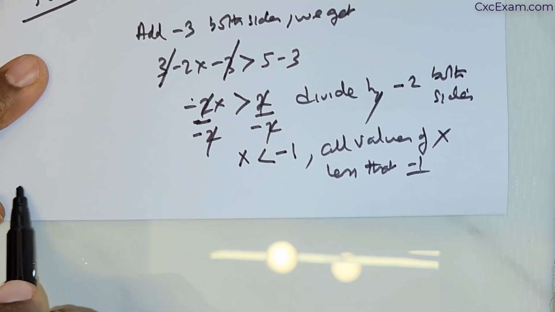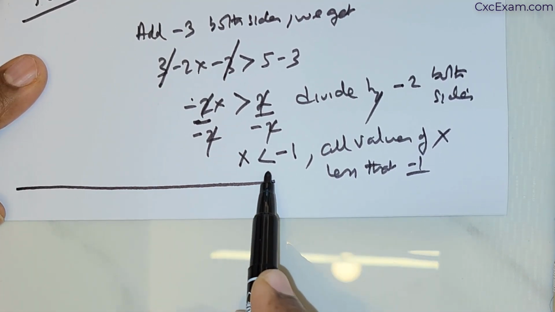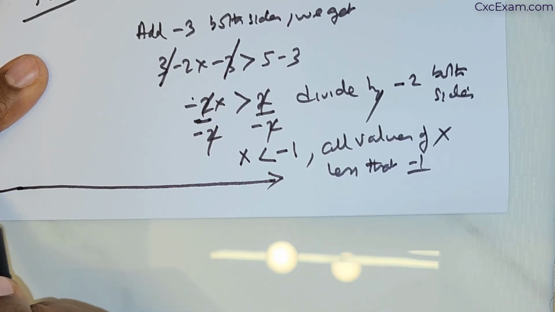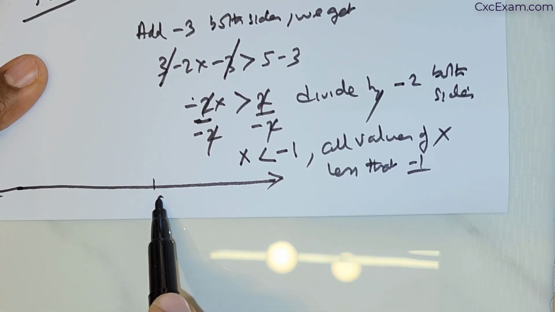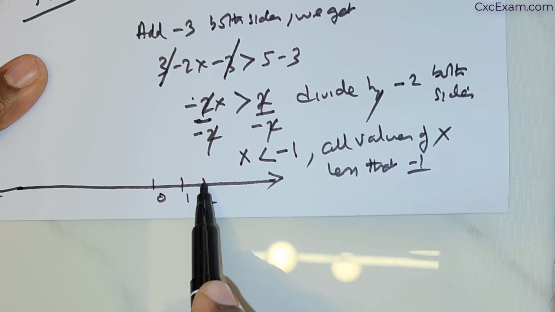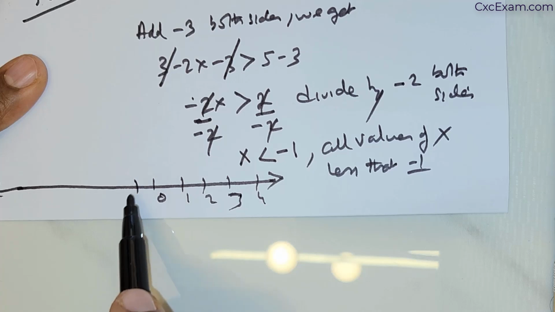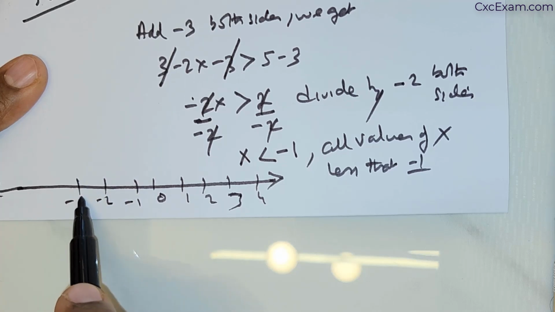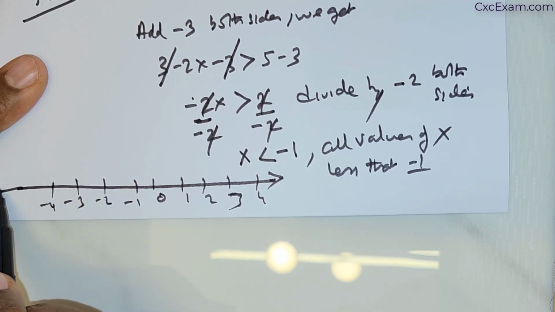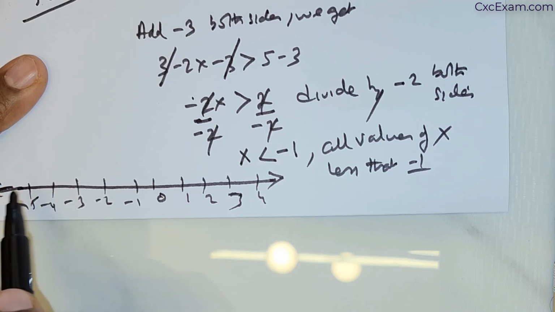Now they are asking us to draw it on the number line. So what you have to do, you have to stretch this number line like this. So this is 0, 1, 2, 3, and 4 goes on, negative 1, negative 2, negative 3, negative 4, negative 5. You don't have to draw this arrow, okay? It goes on like that.